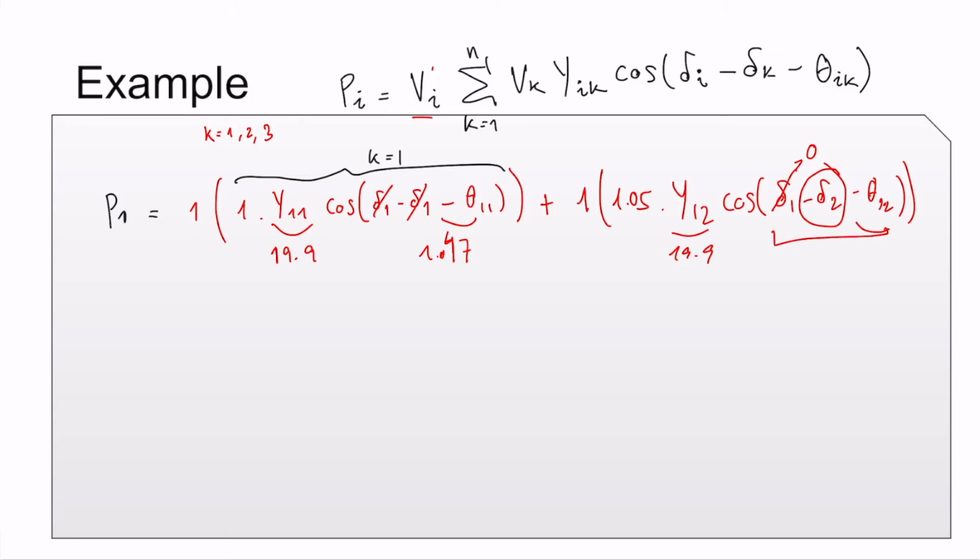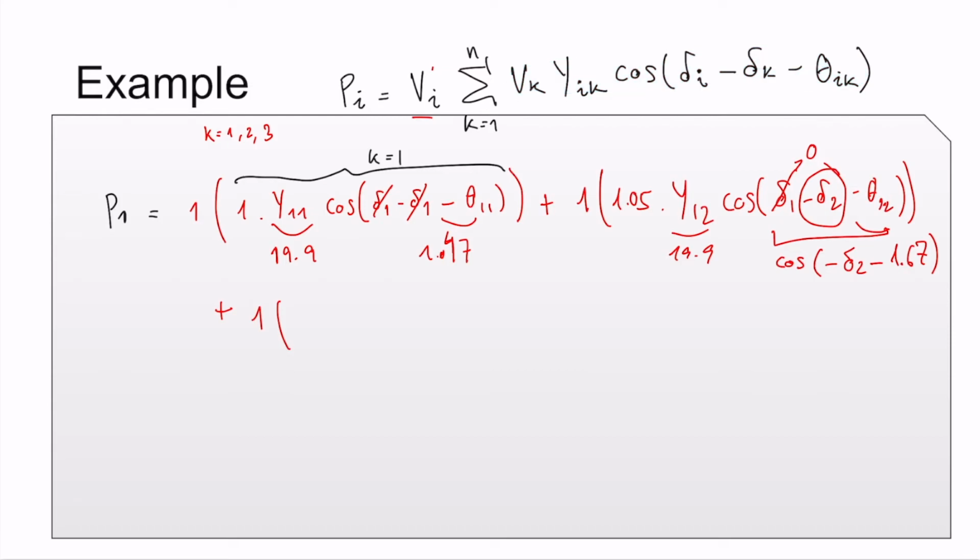Well, I will replace this cosine, cosine of minus delta 2 minus 1.67. And then I have plus, again I have V1, which is 1, times this thing for K equal to 3.